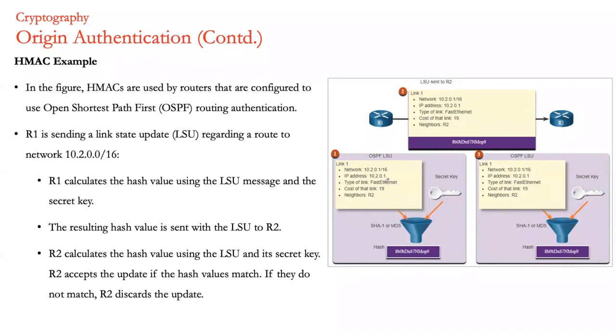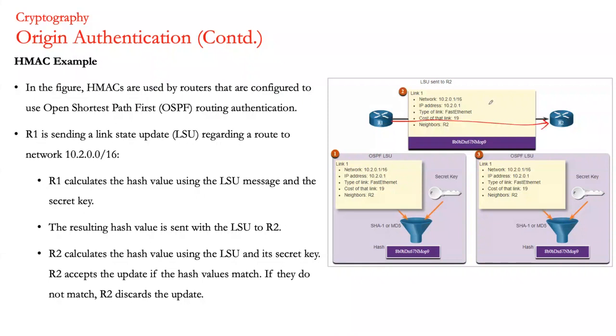This example shows what happens if the routing information is altered by a third party: router R3 claims that a path exists between R1 and R2.